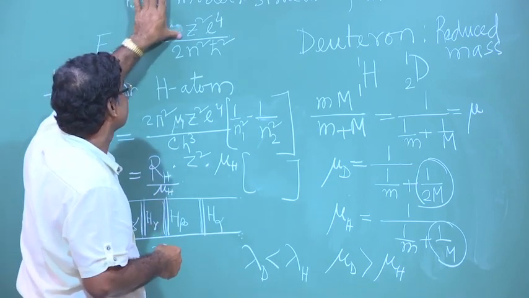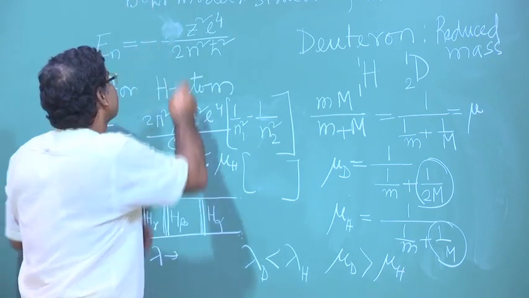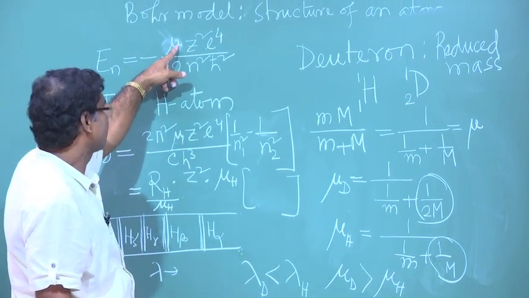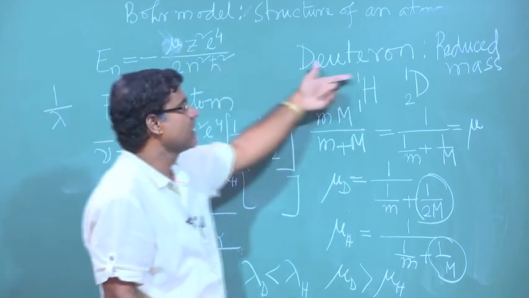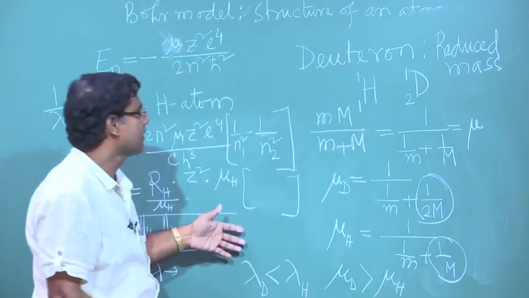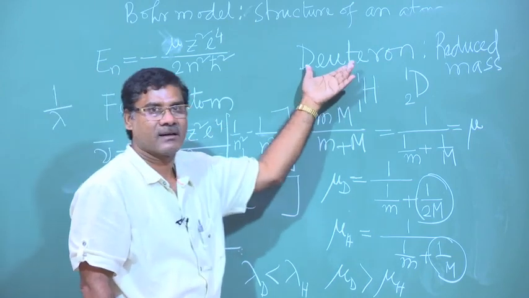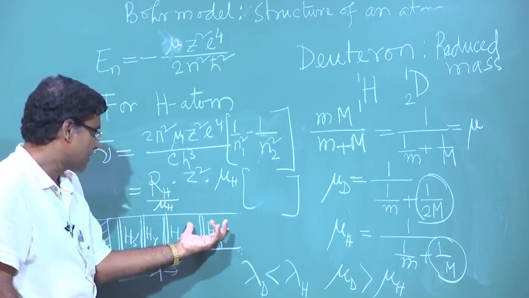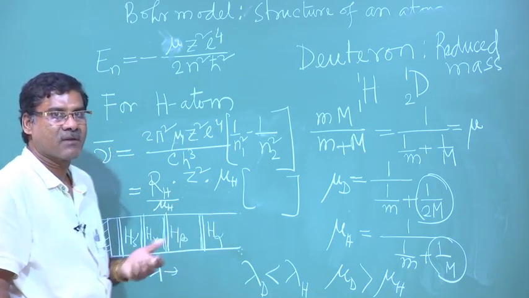Later on it was properly replaced by mu, and that is the presence of deuteron in hydrogen gas as an isotope. That was determined from the spectral lines of hydrogen.